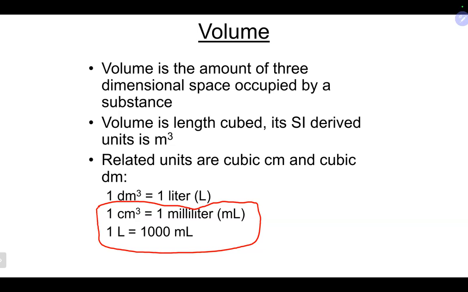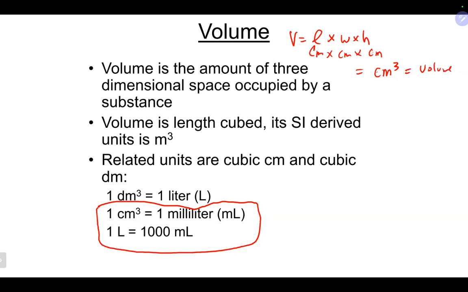How do we get to something like a cubic centimeter? We could calculate the volume of an object by taking the length times the width times the height. If we measure each of those in centimeters, centimeters times centimeters times centimeters gives us a cubic centimeter, which is a volume.